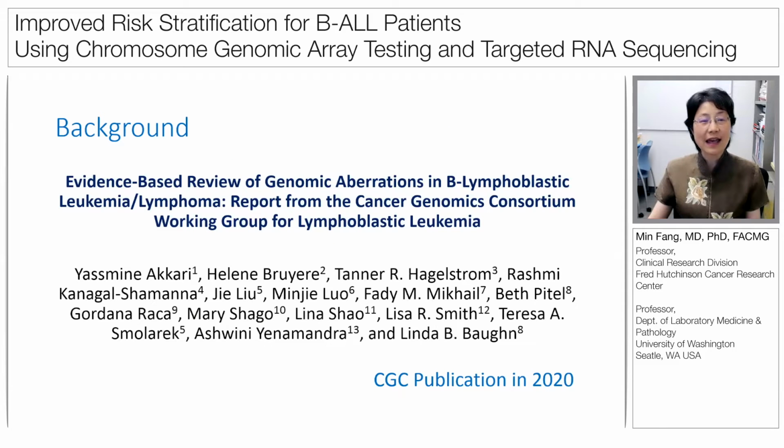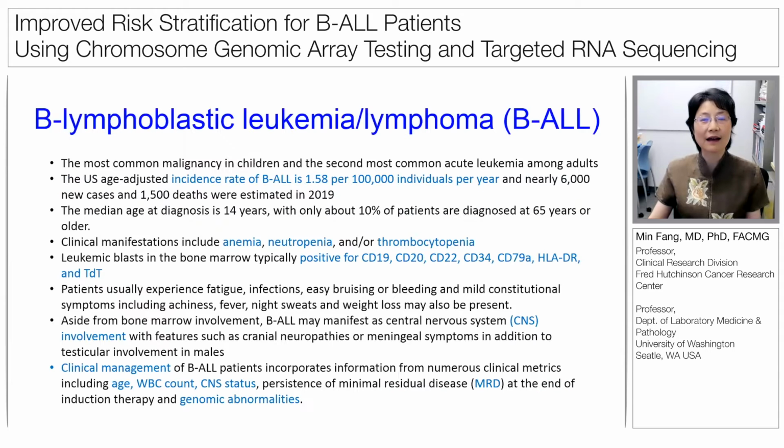So actually the CGC working group for lymphoblastic leukemia published a very nice evidence review paper early last year of genomic aberrations of B-ALL. In this paper, they had a very nice, elegantly written introduction for those of you who are not familiar with B-ALL.